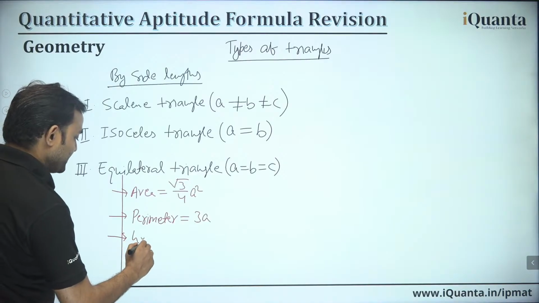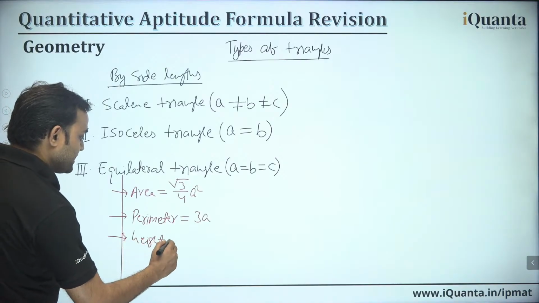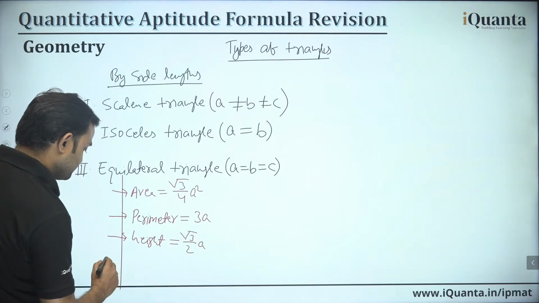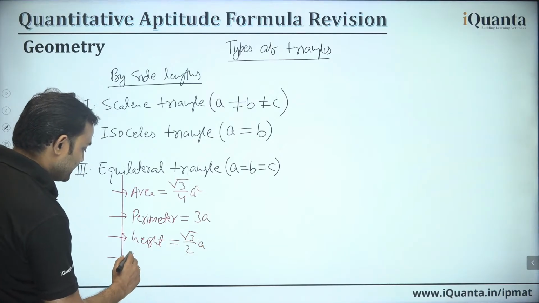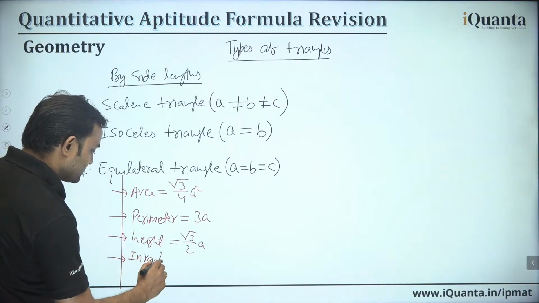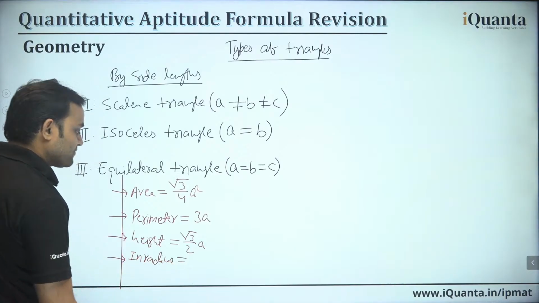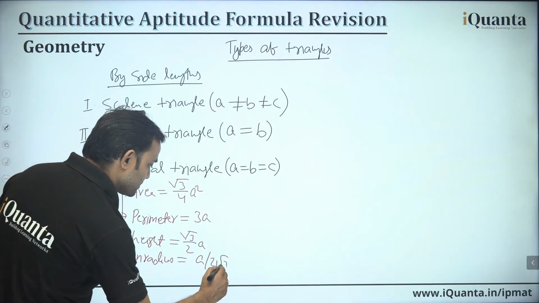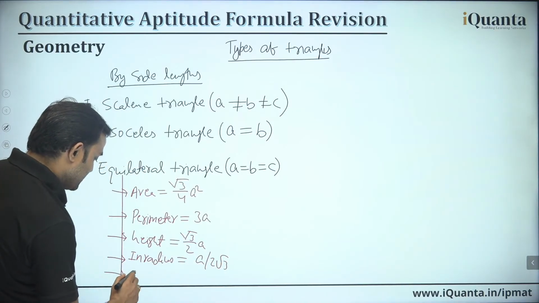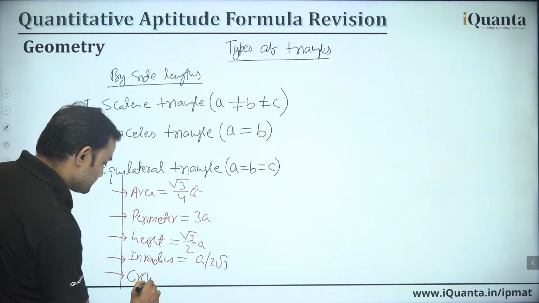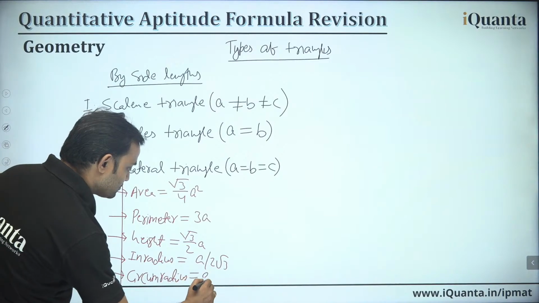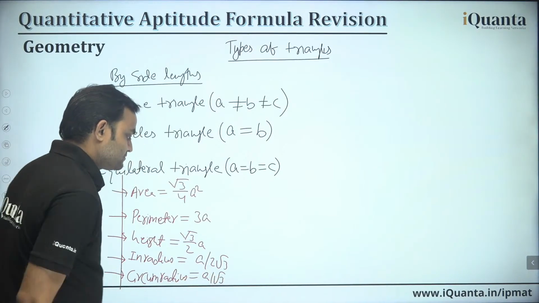The height of any equilateral triangle will be root 3 by 2 a, and the length of the inradius in any equilateral triangle will be equal to a divided by 2 root 3, and the length of the circumradius will be equal to a divided by root 3.